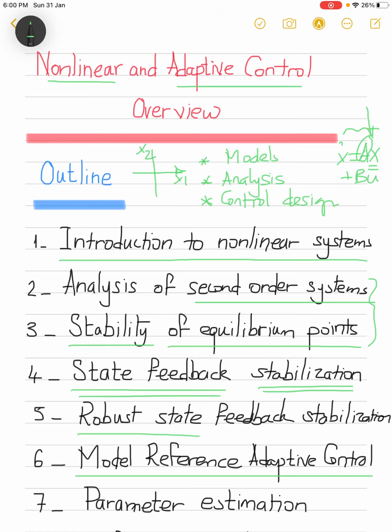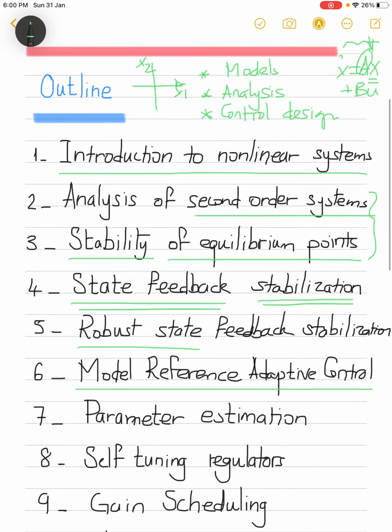So we'll see how to do that, and of course we have to guarantee stability, so we'll base our design on the analysis of nonlinear systems as we have explained it before. And of course adaptive controllers are actually a class of nonlinear controllers. That's why it's included within this course.